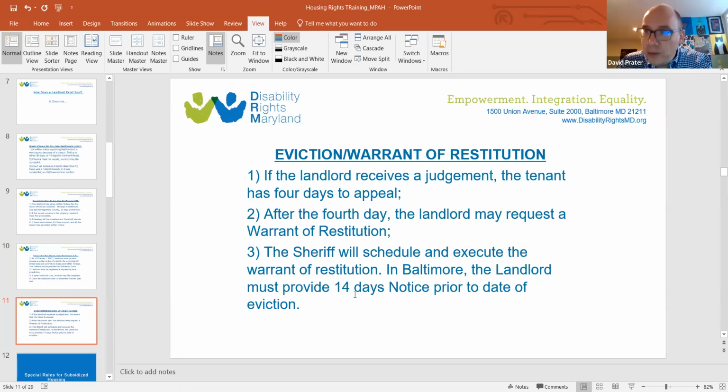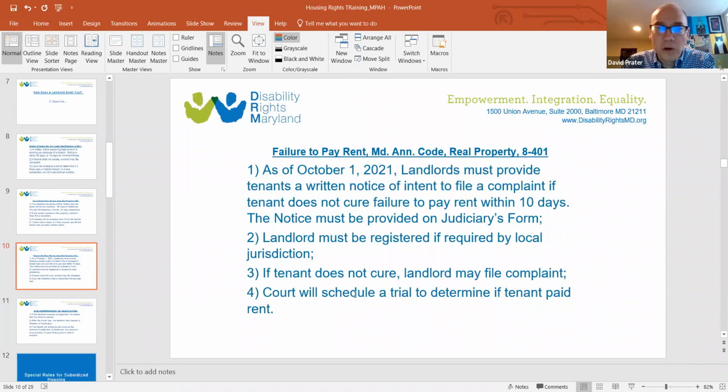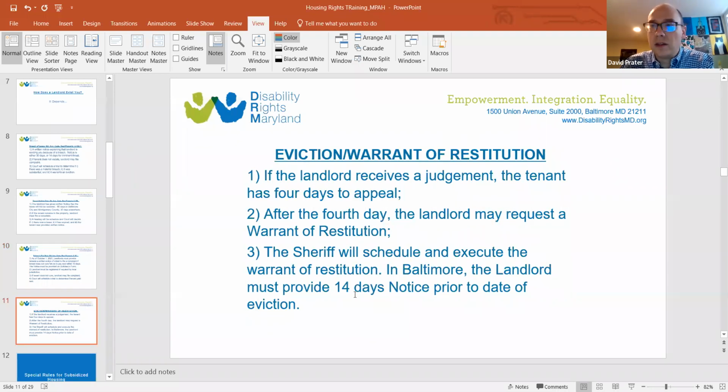And what the right of redemption means is the tenant can pay the rent and stay. So if a court judged that a tenant did not pay $500 in rent, the tenant has up to the eviction date to pay that $500 in rent in order to stay.